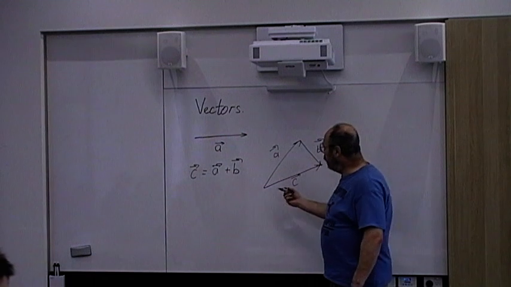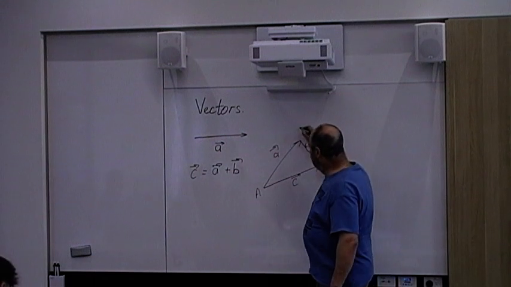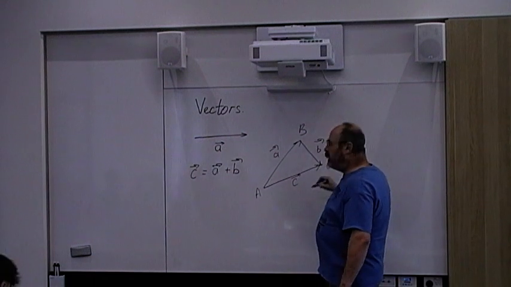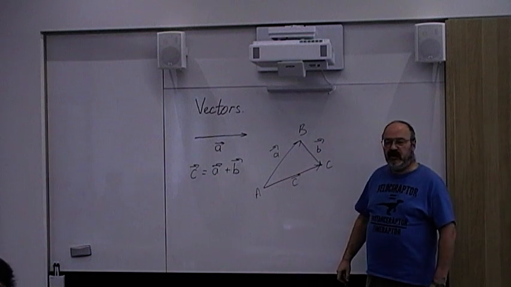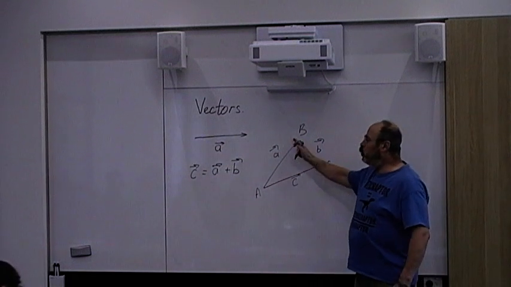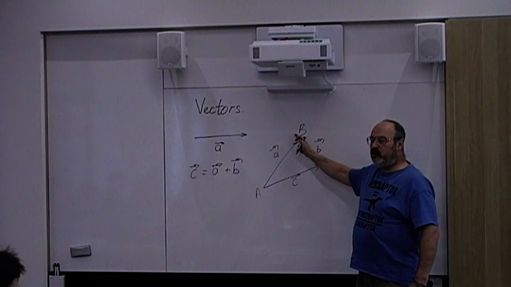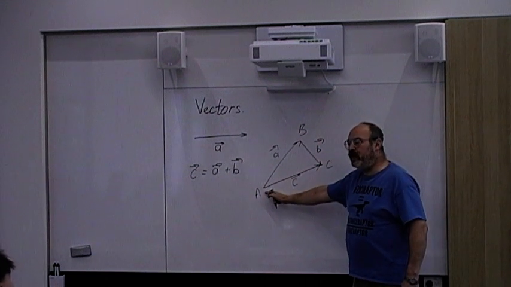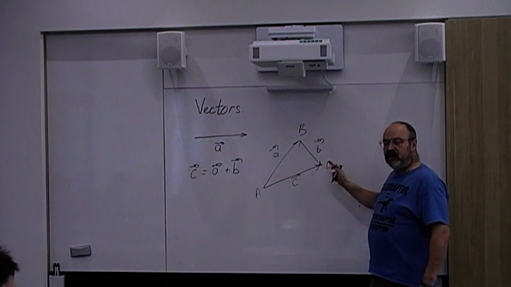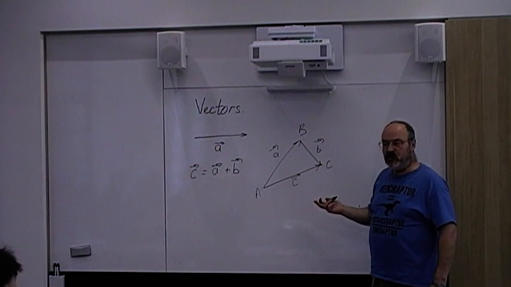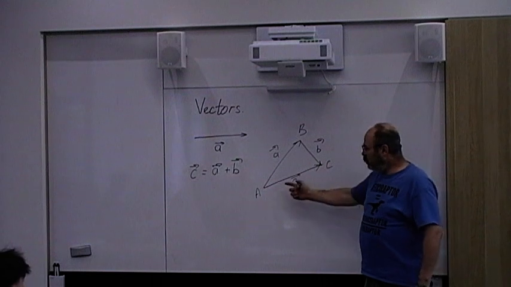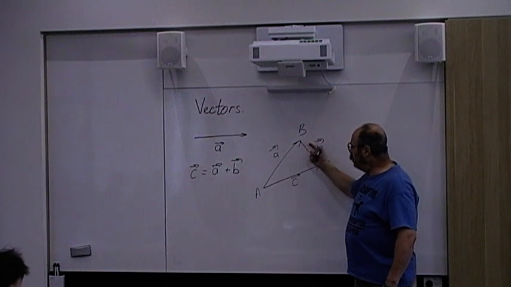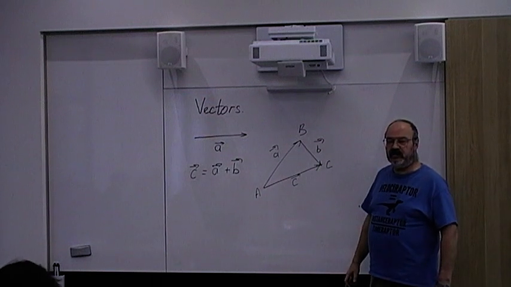So let's say these are points A, B, C. If you walk from point A to point B, and then from point B to point C, effectively your displacement is from A to C. That's what addition of vectors means. One vector that replaces your total movement.